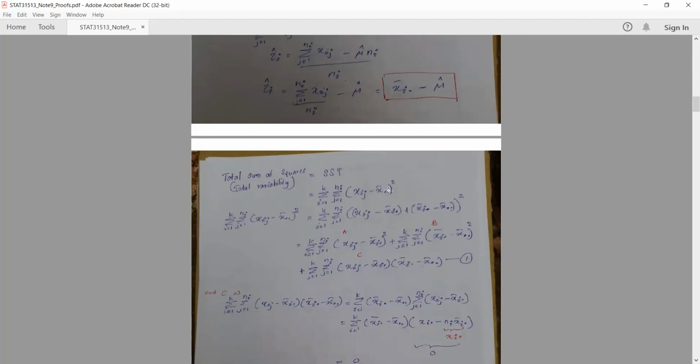If you want to take this squared value, let's rearrange this one. So we have xij here and we have minus x double dot bar. What we can do is subtract xi dot bar and add xi dot bar to this term.